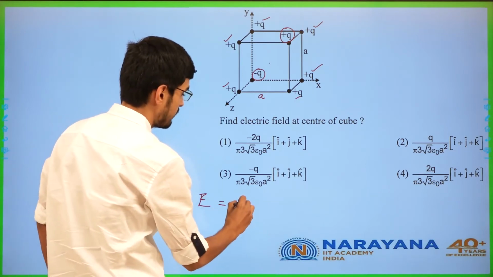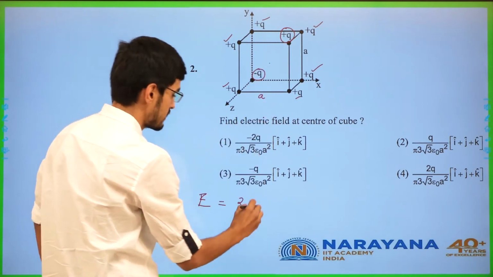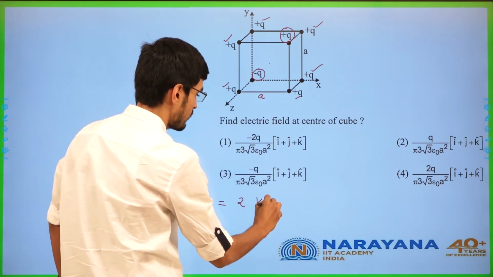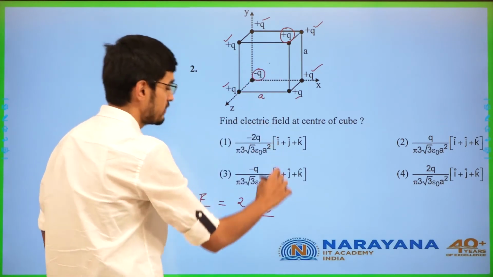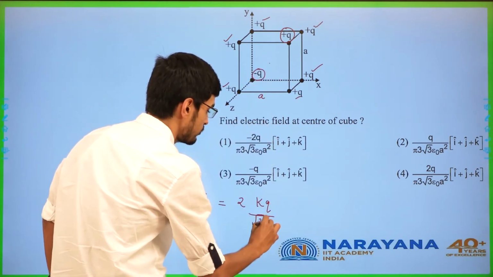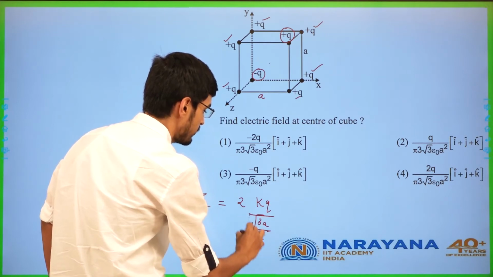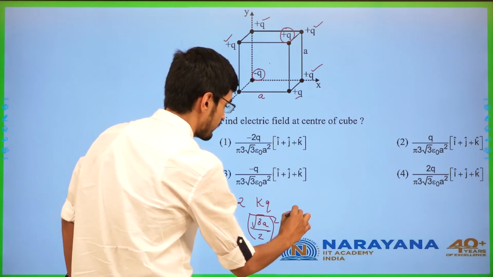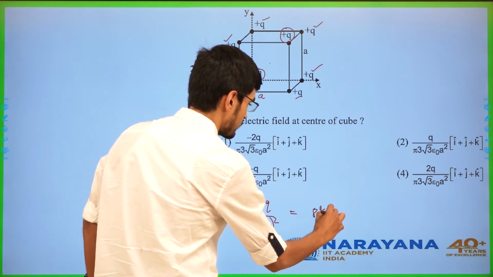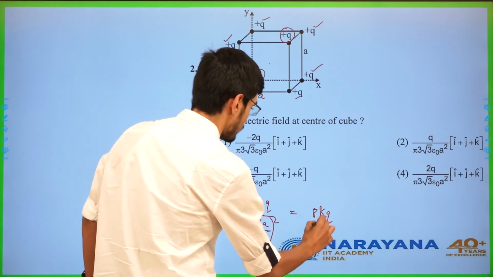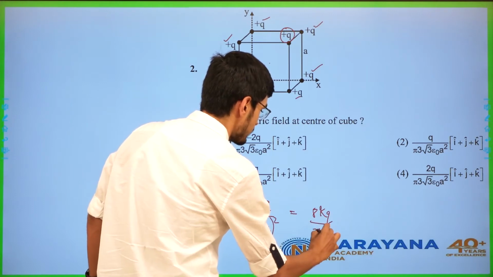First of all, let's see the magnitude. I can write it by doubling the field created by any one charge, that is 2 times kq upon distance square. As we know, the length of the body diagonal is root 3a, so root 3a by 2 whole square. So this will become 8kq divided by thrice a square.